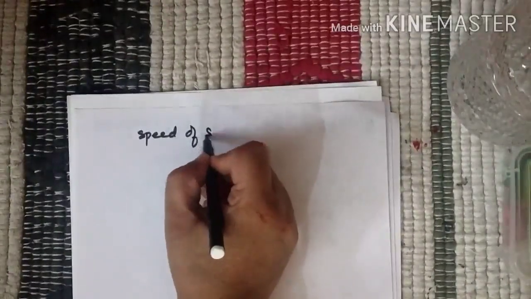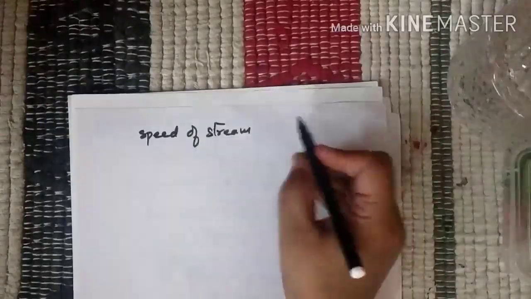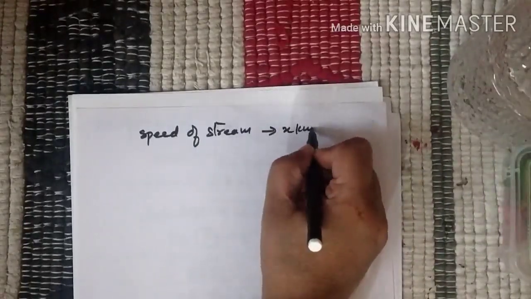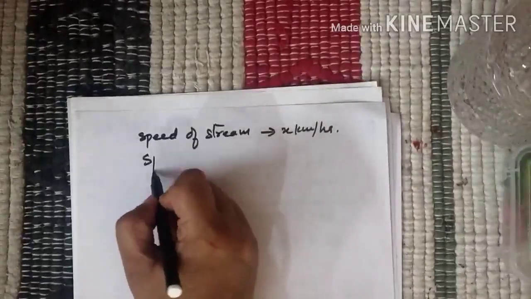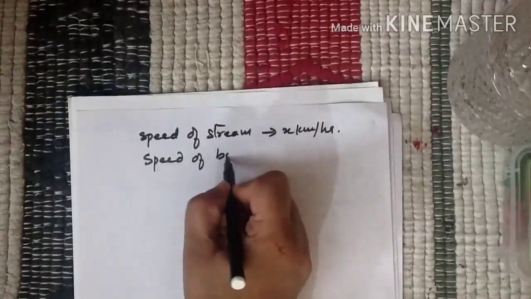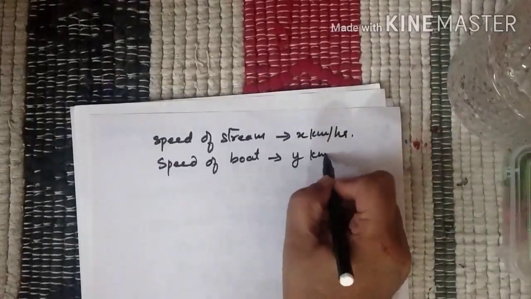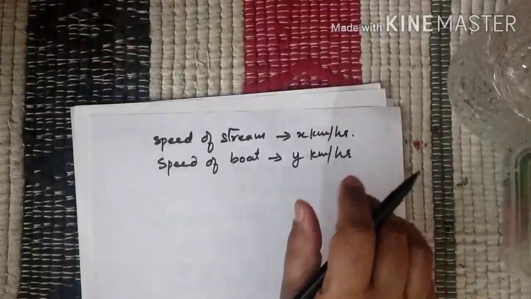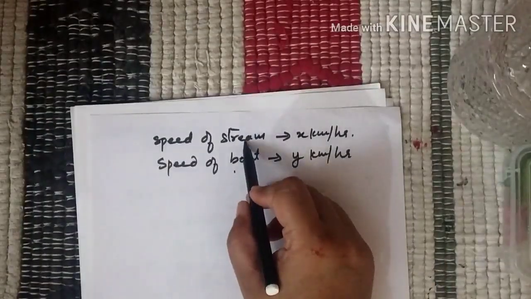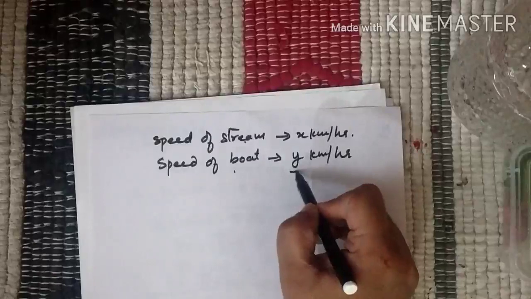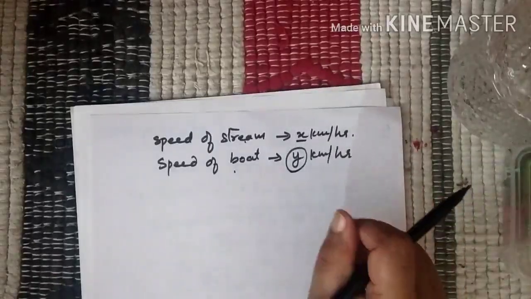When you are doing such questions, there are two constraints: the speed of stream, that is speed of water or current, x kilometer per hour if I take, and speed of boat, y kilometer per hour. When will your boat move? If your speed is bigger than the speed of the current. So always remember, this boat speed will always be greater than the speed of the current.